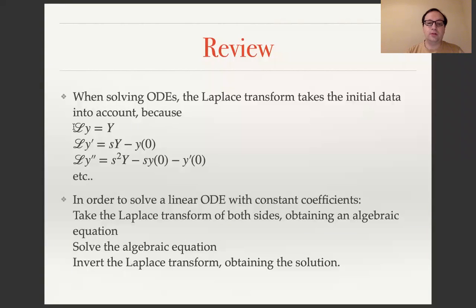The formulas that we'll use over and over again when solving ordinary differential equations by the Laplace transform are the formulas for the Laplace transform of the derivative and of the second derivative, and more rarely of higher order derivatives. So if the Laplace transform of a function lowercase y is uppercase Y, then the Laplace transform of y prime is s times uppercase Y minus the value of lowercase y at time 0.